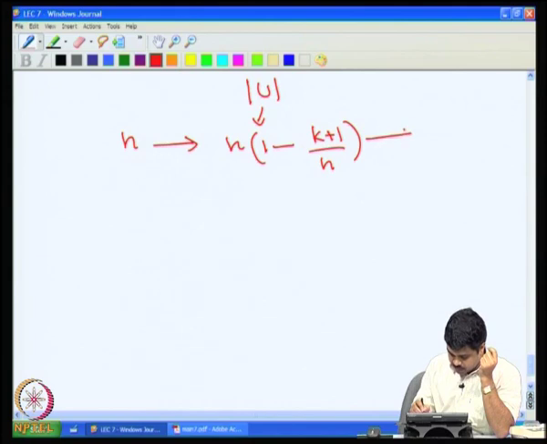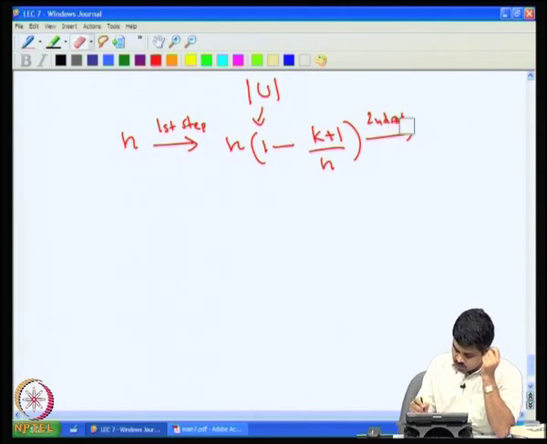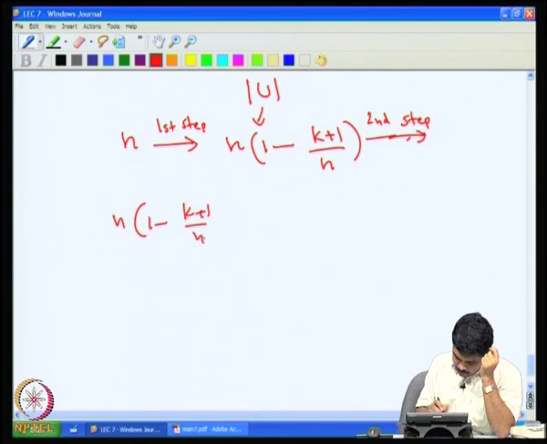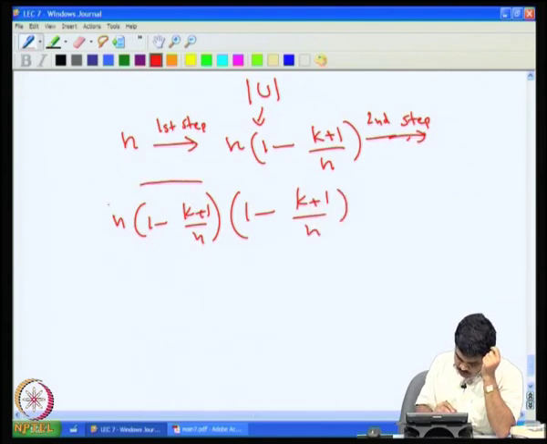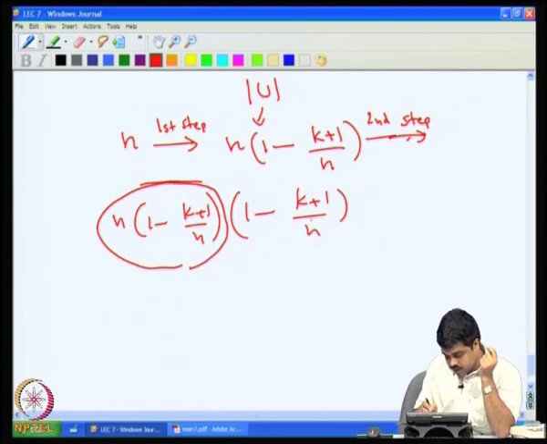After the second step, what we see is our U will become n into 1 minus (k plus 1) by n, into another 1 minus (k plus 1) by n, because outside, we are taking away this fraction of that.